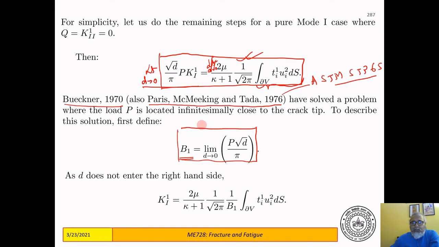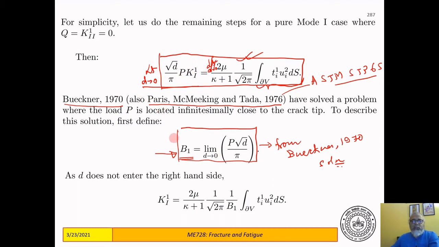This is for mode 1. He has a different solution for mixed mode and mode 2. We are not going into that.